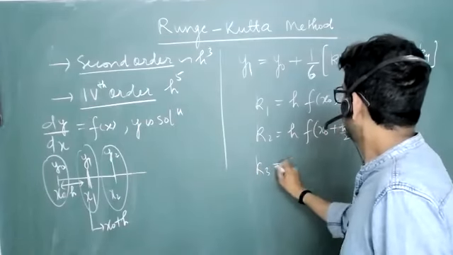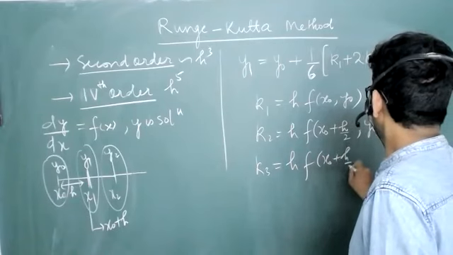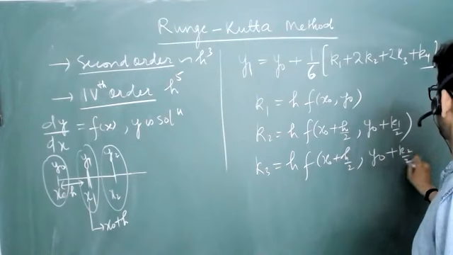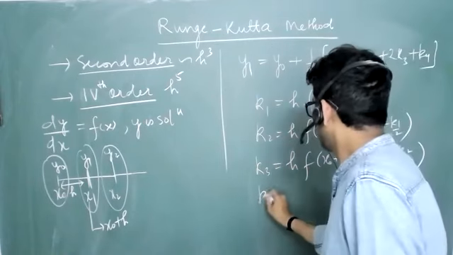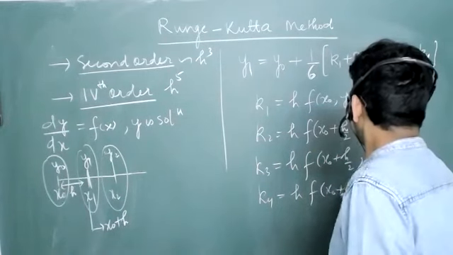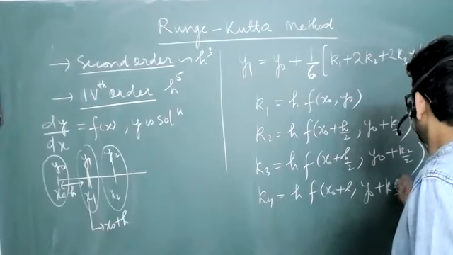k3 will be h of f(x0 plus h by 2, y0 plus k2 by 2). It is very symmetrical. And k4 will be h of f(x naught plus h, y naught plus k3).